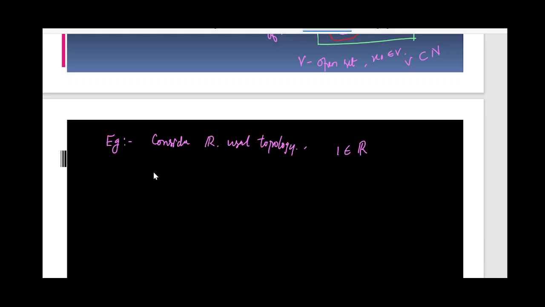Now we want to check, consider your N equal to the closed interval [-2, 3]. Now we will say that N is a neighborhood of 1. What should be the condition?